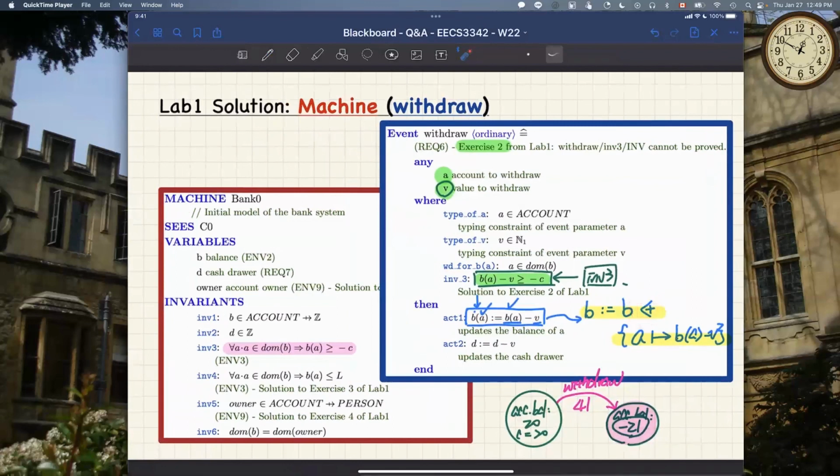You can try it out in Rodin as well. That would be the set difference symbol. I want to keep everything in B but not in here. So that'll be the same. Yes, that'll be okay too.